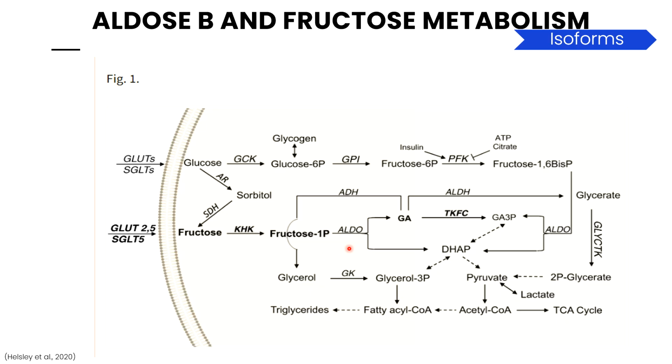Here is where Aldolase B becomes particularly important. Within the tissues we identified on the previous slide, Aldolase B functions in fructose metabolism by cleaving fructose 1-phosphate.